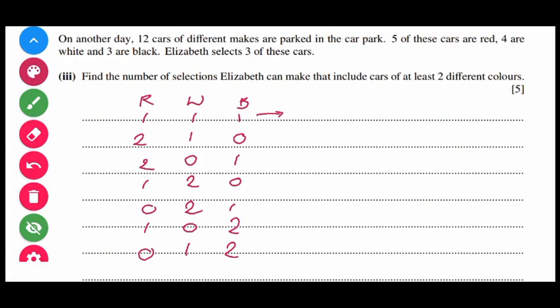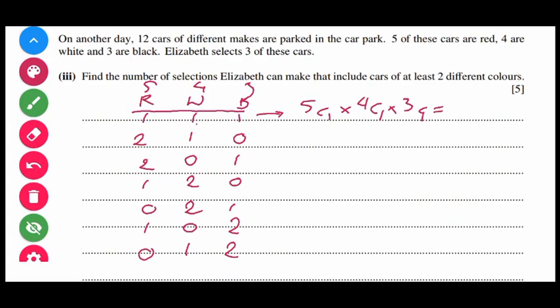Like red, we have 5, white 4 and black 3. So one red is chosen. The first selection is one red chosen out of 5, so it is 5C1, into one white out of 4, so 4C1, into one black out of 3, so 3C1.